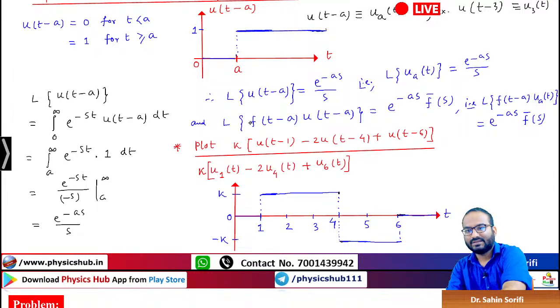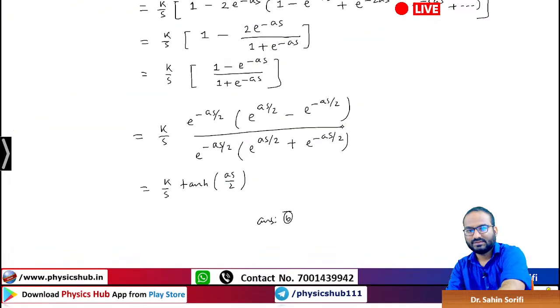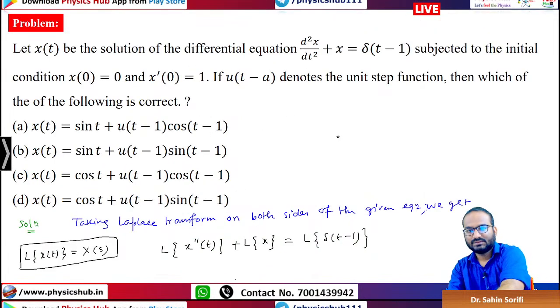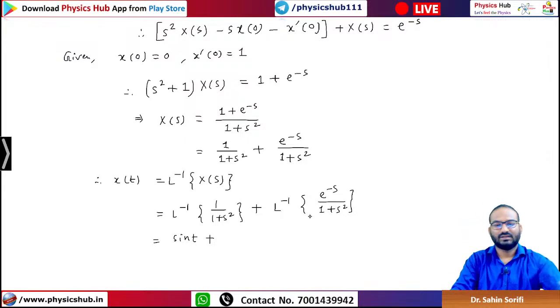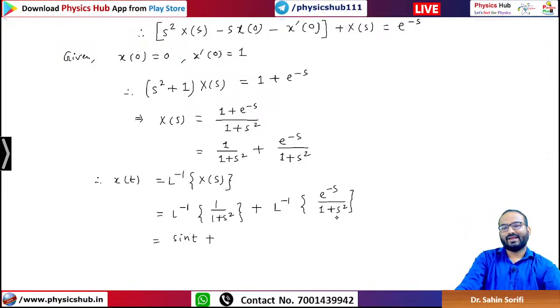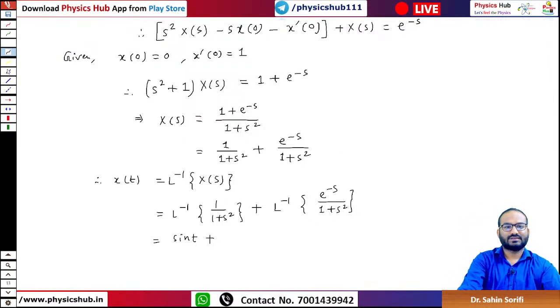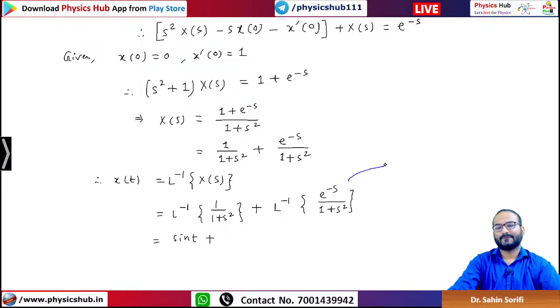How do you write the inverse Laplace transform? Inverse Laplace transform of e to the power minus as f bar s will be f of t minus a u t minus a. So a is here 1, and f bar s. Okay, let's show this calculation here.